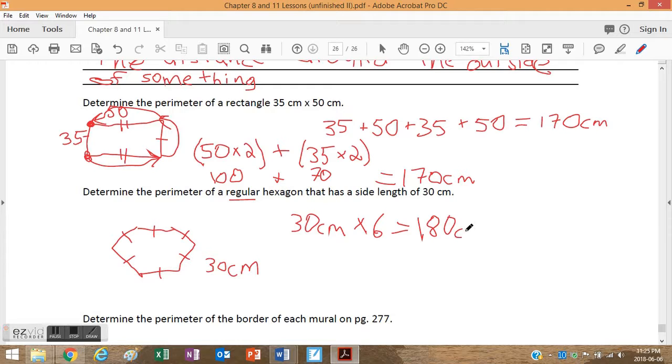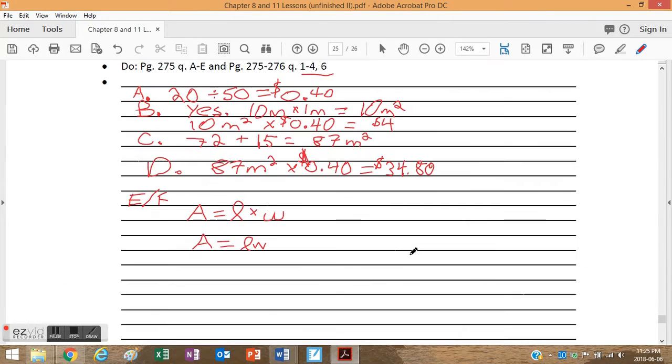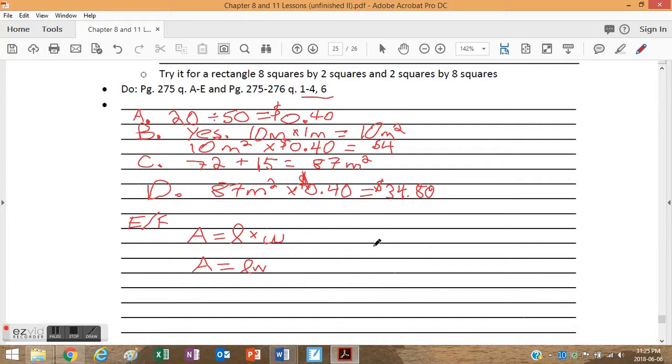Now notice when I'm writing the units for these, they're just in centimeters. When I'm multiplying, I'm not multiplying centimeters times centimeters. I'm just multiplying centimeters times the number of sides. If we skip back to the last lesson, here we go. We're multiplying in this last lesson.